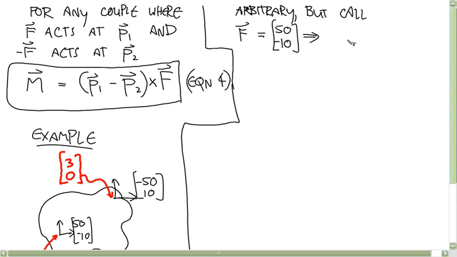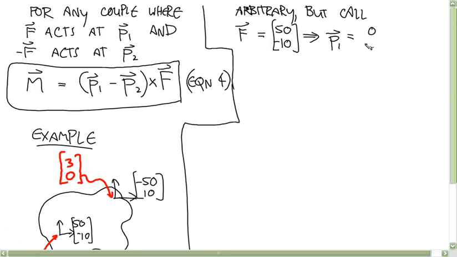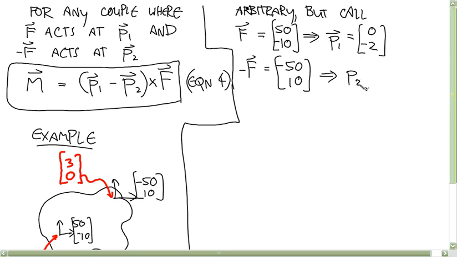Then once we make that decision, we're locked into defining P1 as 0, negative 2. And that means our negative F is negative 50, 10. And our P2 then is 3, 0.